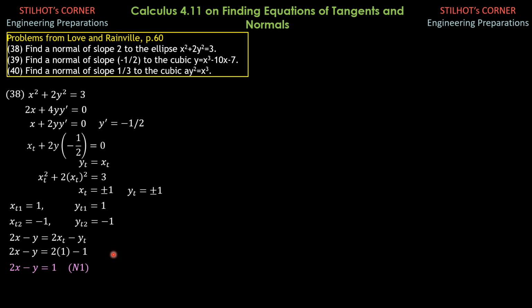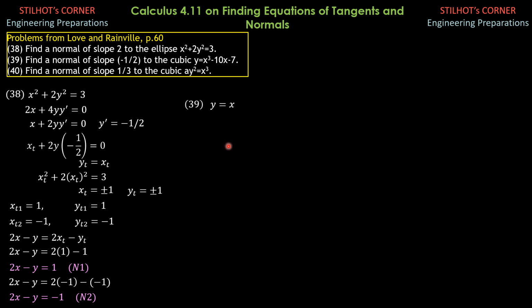For the second normal, the second point of tangency, negative 1, negative 1. So 2x minus y equals 2 times negative 1 minus negative 1. So this is 2x minus y equals negative 1. So that's the second normal. Or you may express your final answer as 2x minus y equals plus minus 1.